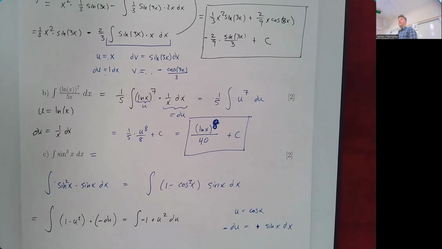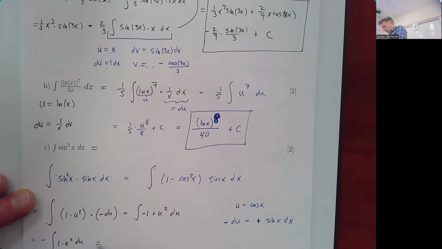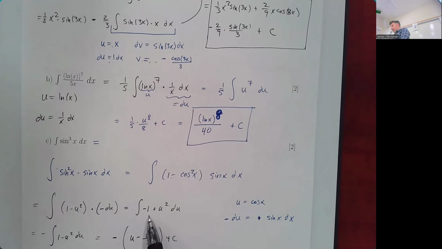Could you print a negative, like how? You totally could do that as well. You could also write it as negative integral of 1 minus u squared du. Totally good either way. We integrate. If we do it this way, we're going to get negative u plus u cubed over 3, or if we'd done it the other way, negative u minus u cubed over 3, which if we distribute the minus sign would be the same.